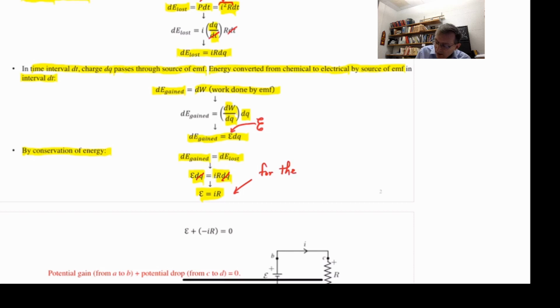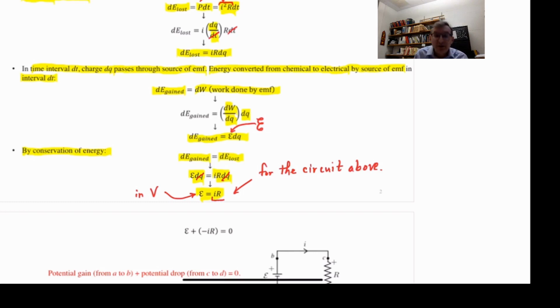For the circuit above. That single loop circuit that had one source of EMF connected by conducting wires to one resistor. That's it. The EMF value in volts is equal to the current I through the resistor times its resistance.